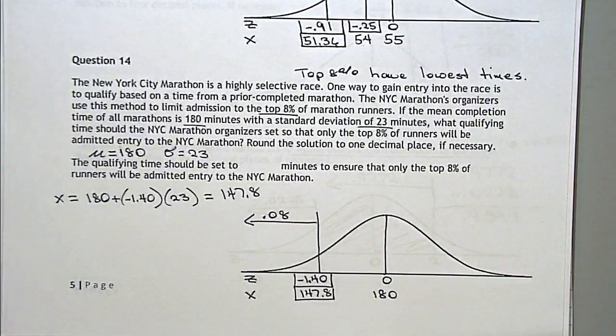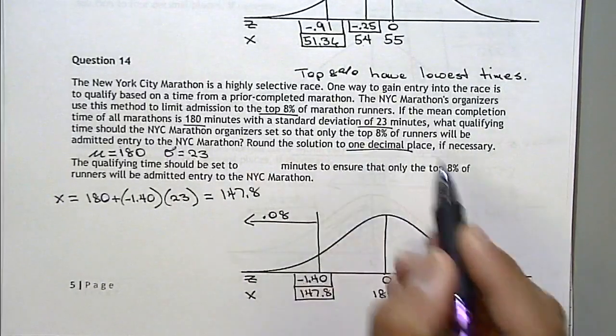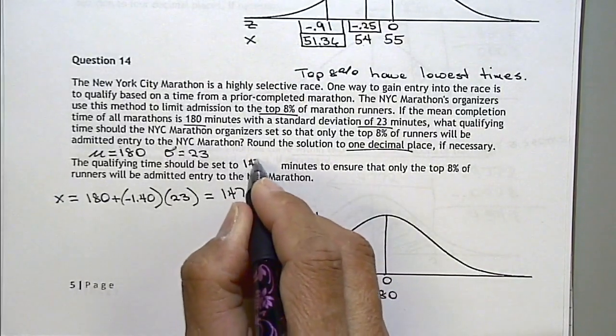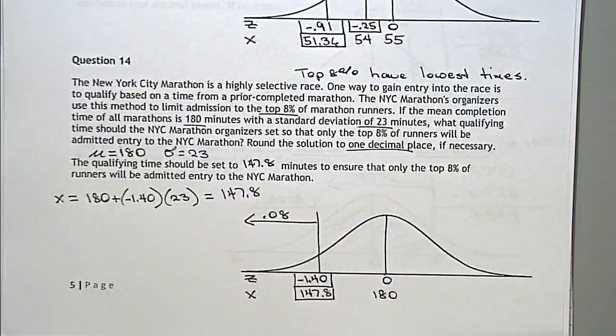Okay, so what is the qualifying time set to? It told me to go to 1 decimal place. I'm at 1 decimal place. What you have to have done to run in the New York City Marathon is you have to have run a marathon, any marathon that was recorded and timed and all that stuff, at 147.8 minutes or less, right?